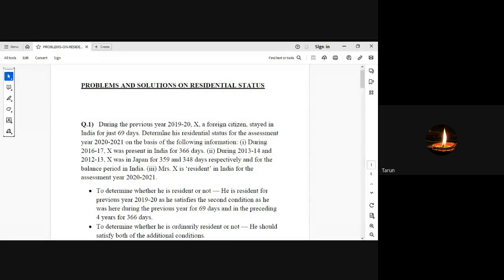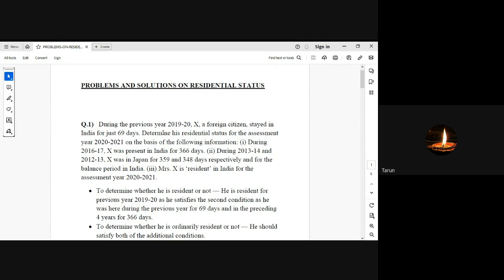Question one is a lengthy question, so it is very important to read it carefully, estimate the number of days stayed in India, and apply the rules that I have taught in the slides. Once you apply those rules, you can answer the question, right?